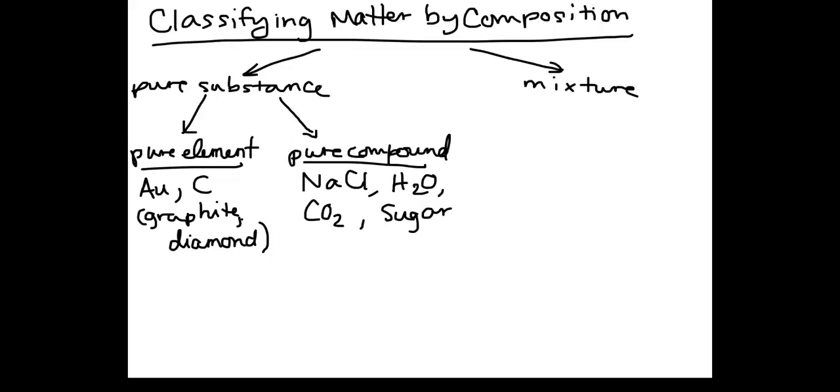Now there are a number of elements that, just like oxygen, we call diatomics, and those are H2, O2, F2, Br2, I2, N2, and Cl2. Once again, still an element because there's only one type of atom in each of these molecules, but they just like to pair up.